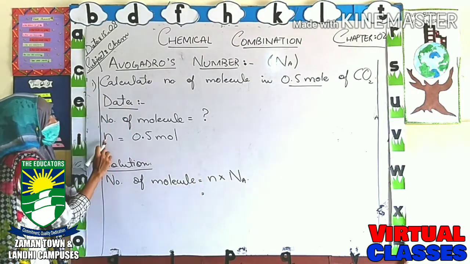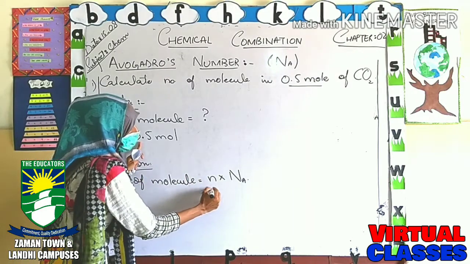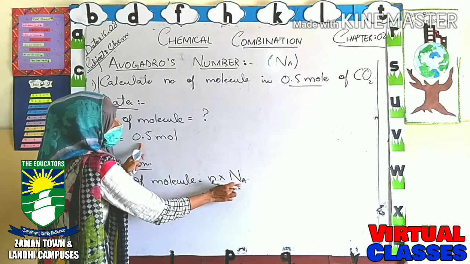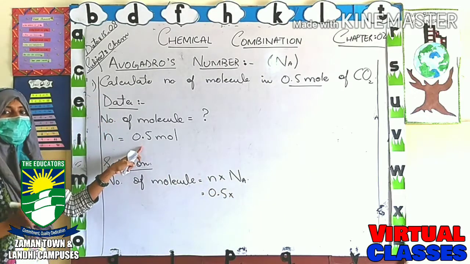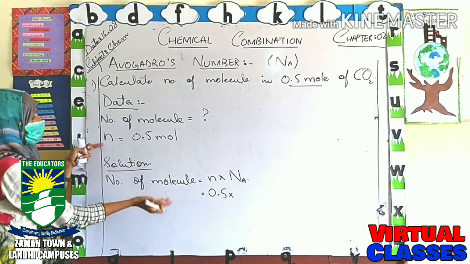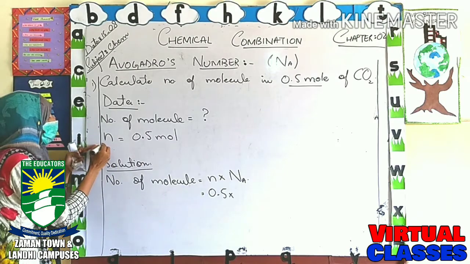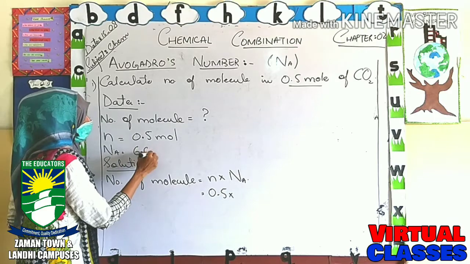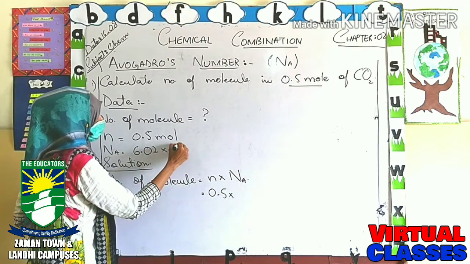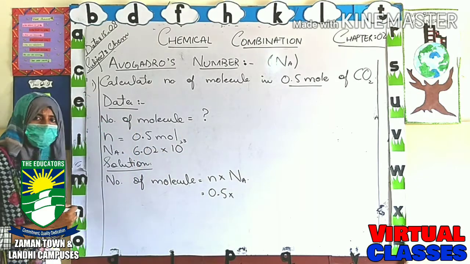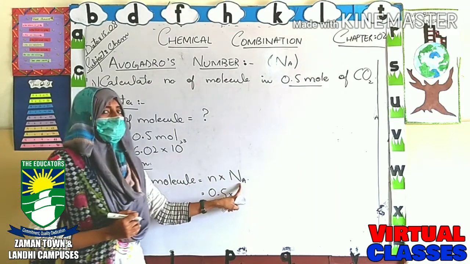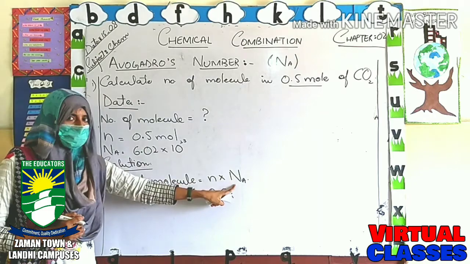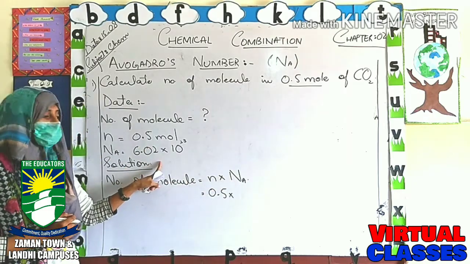Number of moles, how much is given? 0.5. 0.5 multiplied by Avogadro number. We know that its value is constant, so you can add this in your data: Na is equal to 6.02 exponent 23. You can note down this value into your data.